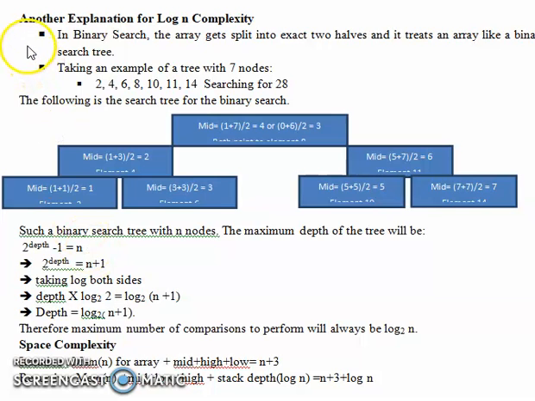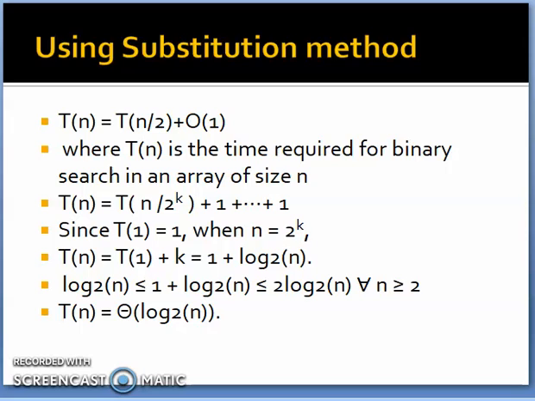Now let us look at the substitution method. For the substitution method, we need to formulate the recurrence relation for the binary search. So for that we have T of n defined in terms of T of n by 2, since we will look at only one of the halves, either the lower half or the upper half, so it appears only once, plus a constant effort that is used for comparing the mid with the number.